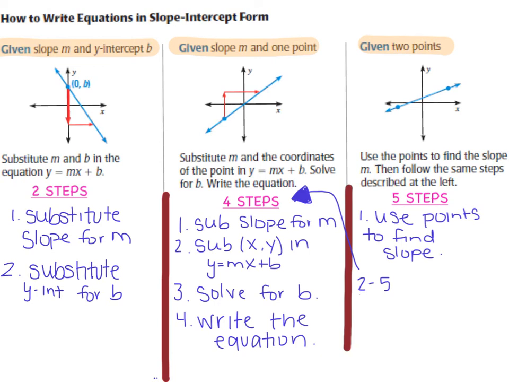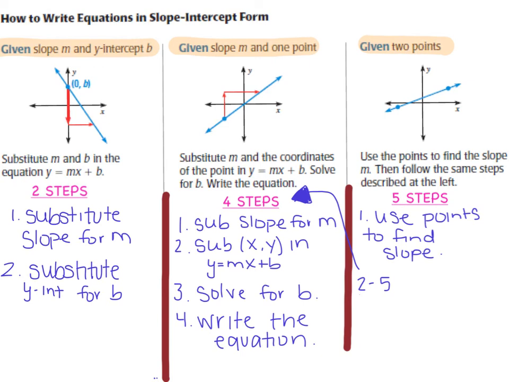For example, that mid one, if you're given a slope and just 1 point, you can follow these 4 steps. You're going to substitute your slope for your m. You're going to substitute the x and y values from that point you're given into the formula, into the slope-intercept form, y equals mx plus b, and solve for b.